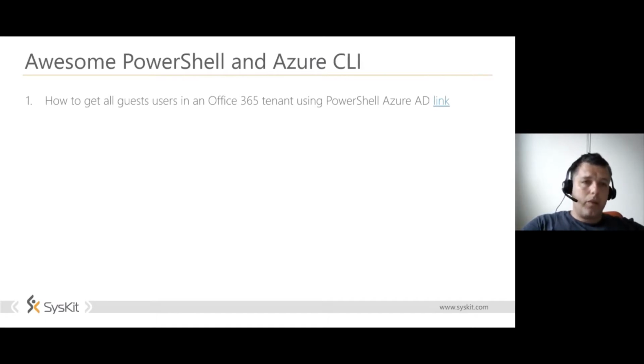The first one is how to get all guest users in the Office 365 tenant. Basically, this will list all the guest users that either you or your users added to your tenant.